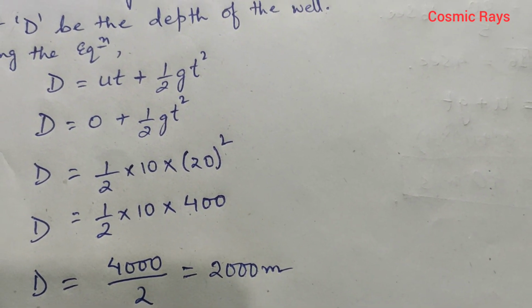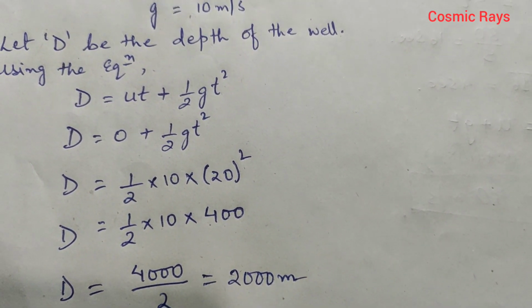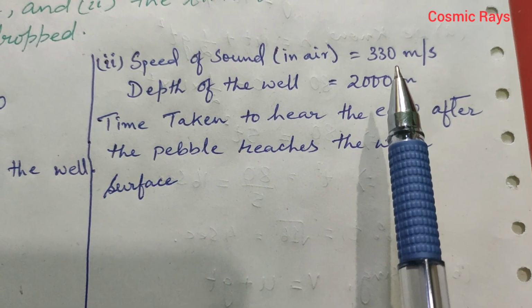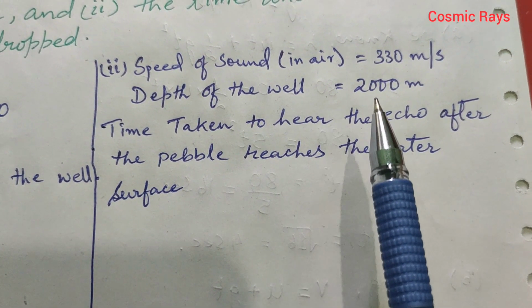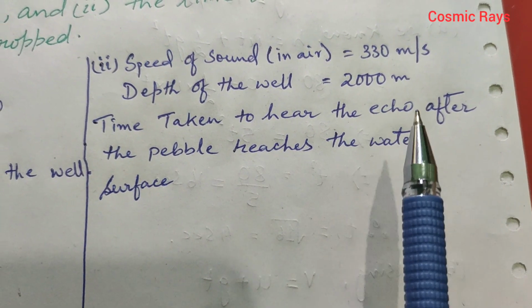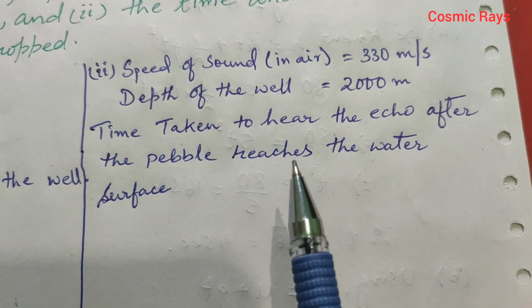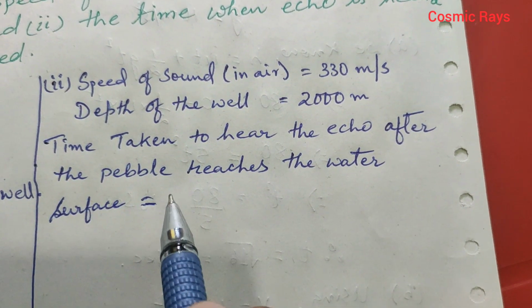Now we find out the time after which the echo is heard. It's given that the speed of sound in air is 330 meter per second. Depth of the well we have calculated to be equal to 2000 meters. So now the time taken to hear the echo after the pebble reaches the water surface. Once it reaches the water surface, we know that time is distance upon speed.